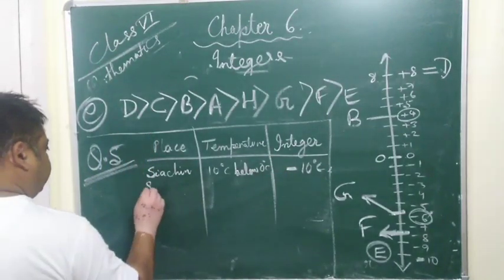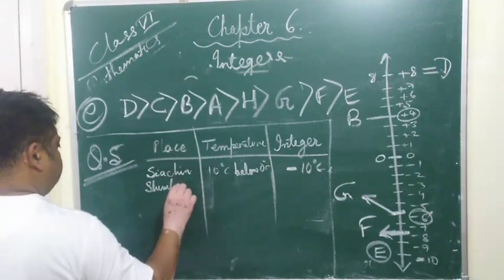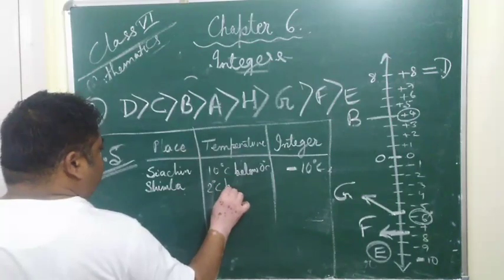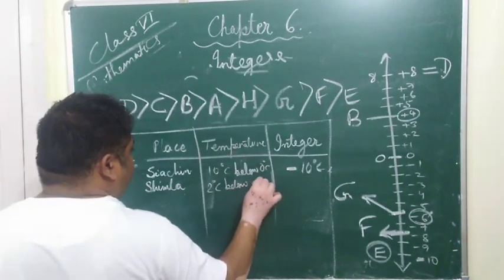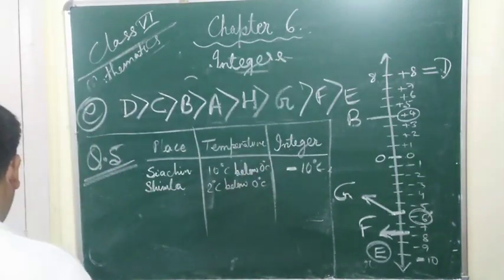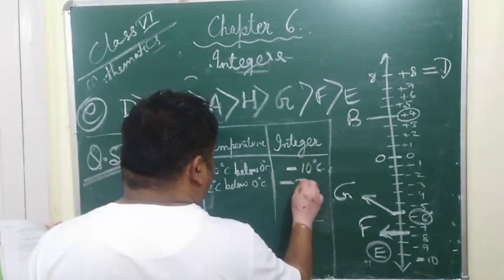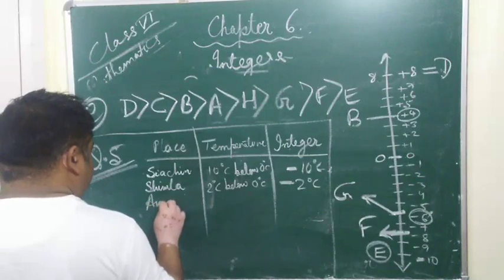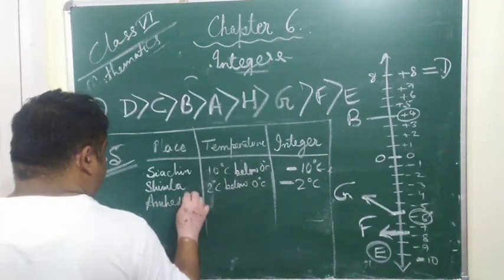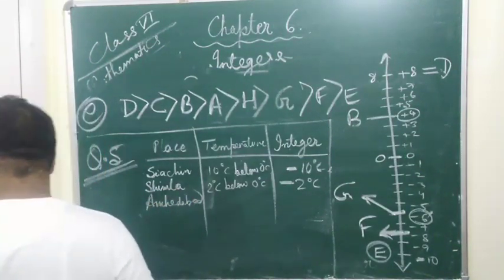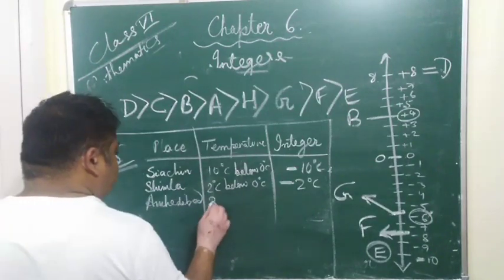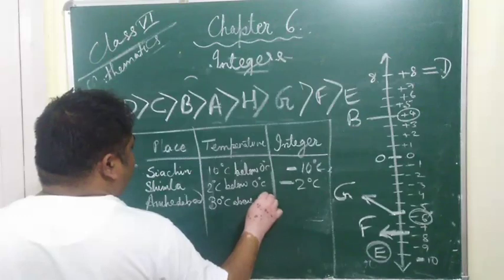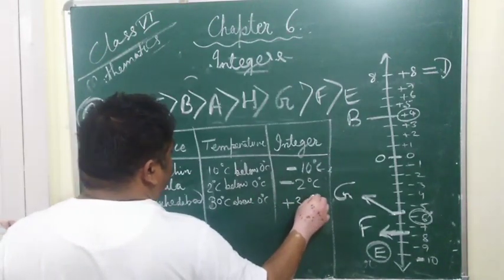Shimla. 2°C below 0°C will be -2°C. Ahmedabad. 30°C above 0°C, so +30°C.